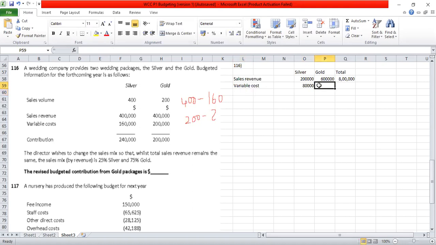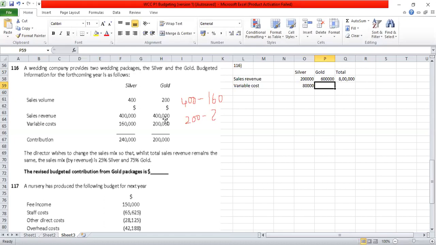Now, the same logic we apply for gold also. Gold will be, when sales was 400, variable cost was 200. Now sales is 600, so it will be 300,000. Simple logic. 400, 200.